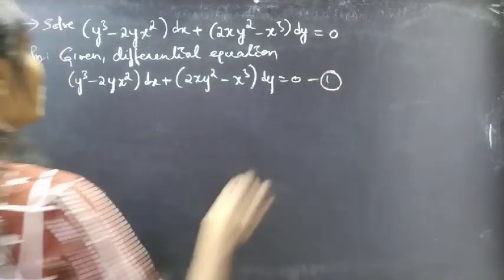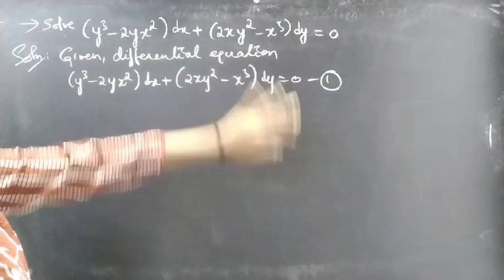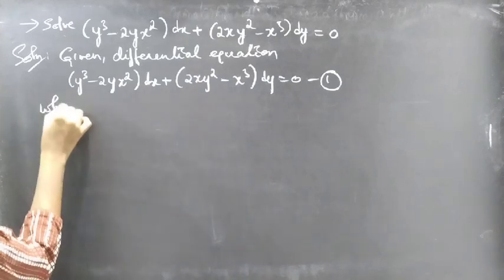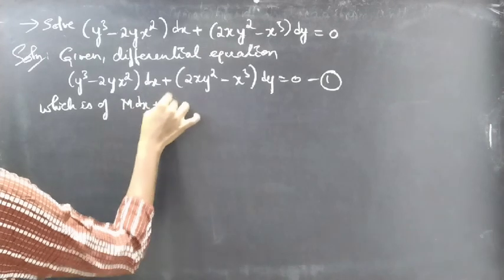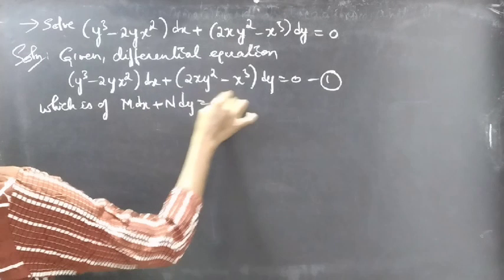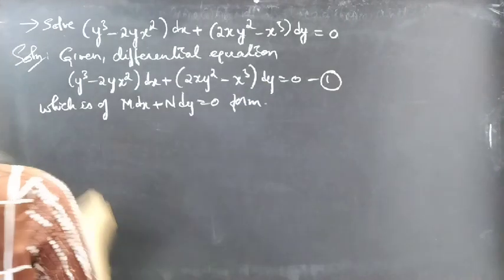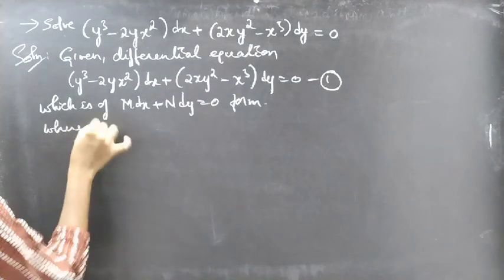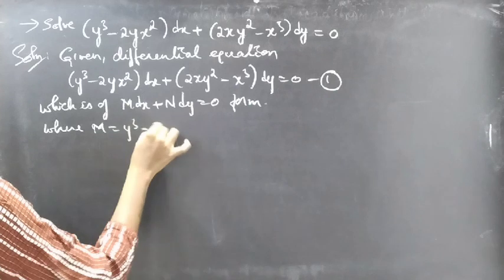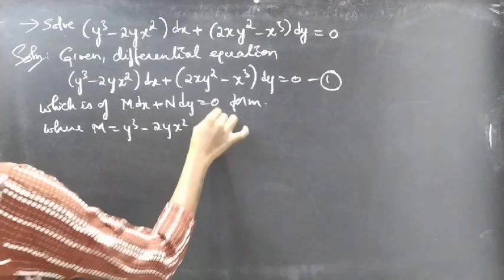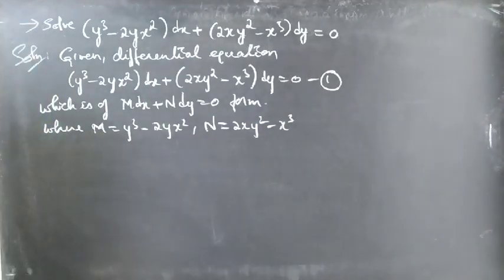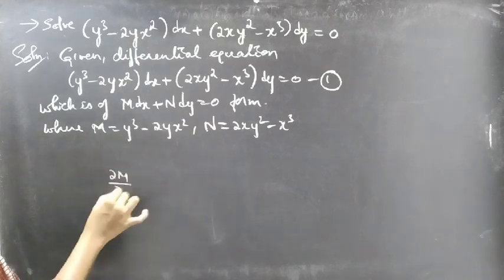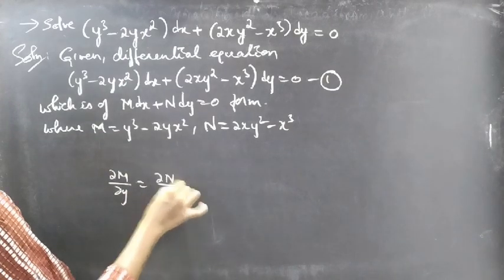Consider it as equation 1, which is of M dx plus N dy equal to 0 form, where M is y cube minus 2yx square and N is 2xy square minus x cube. We can say that 1 is exact if partial derivative of M with respect to y equals partial derivative of N with respect to x.